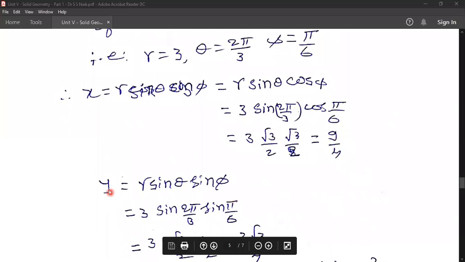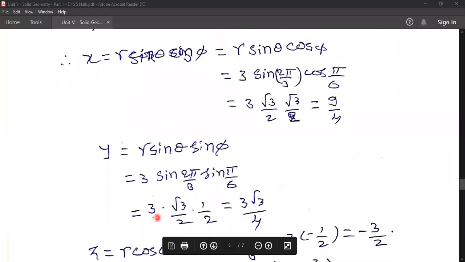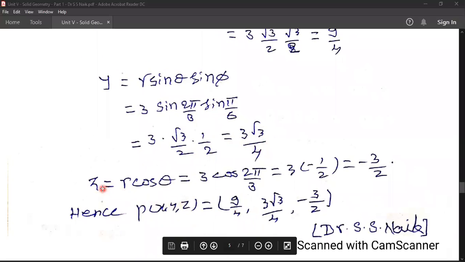Then similarly y is equal to r sine theta sine phi, that is 3 times sine of 2 pi by 3 times sine of pi by 6, that is 3 times root 3 by 2 times 1 upon 2, which is equal to 3 root 3 divided by 4. Now z is equal to r cos theta, which is 3 cos of 2 pi by 3.